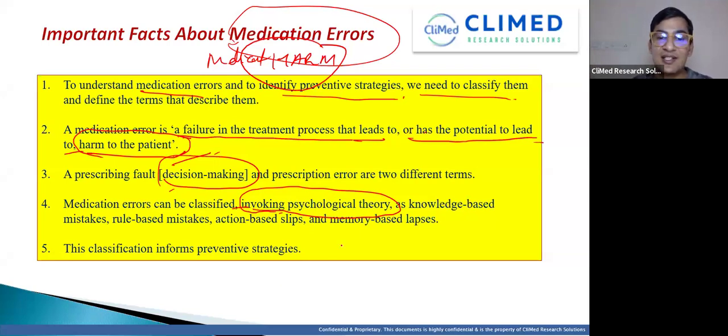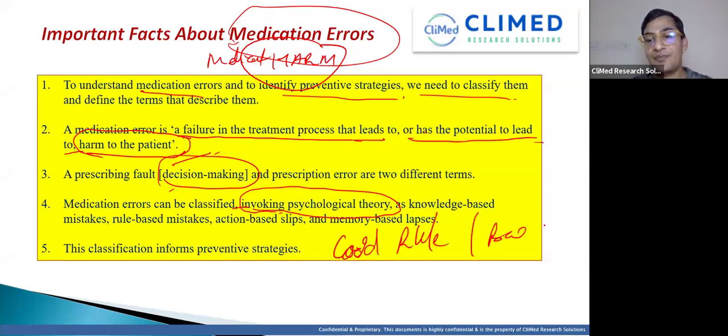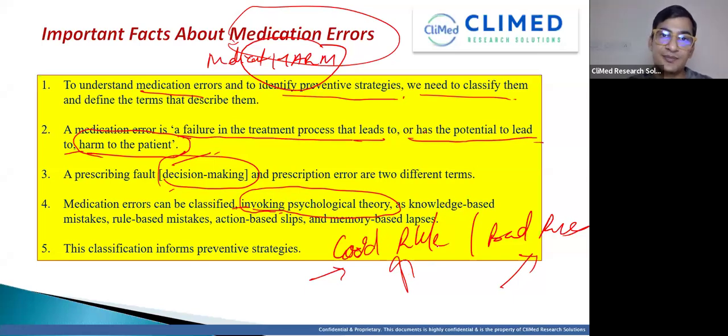So there are three things: good rule or bad rule, and people who are following them or not following them, and some who are intentionally following the bad rules. So in the invoked psychological theory, people either are not following the good rules or they are following the bad rules. And there are some knowledge-based mistakes also.